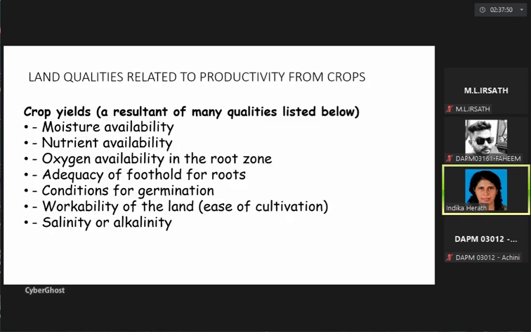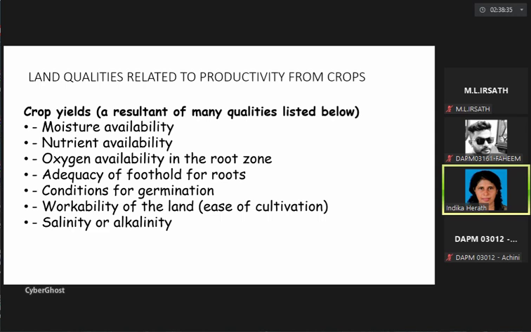When it comes to the qualities related to productivity, we have listed here a number of land quality related aspects that are affecting the crop yield, right? Moisture availability is one, nutrient availability, and oxygen availability, especially for the root system, and adequacy of foothold for roots.